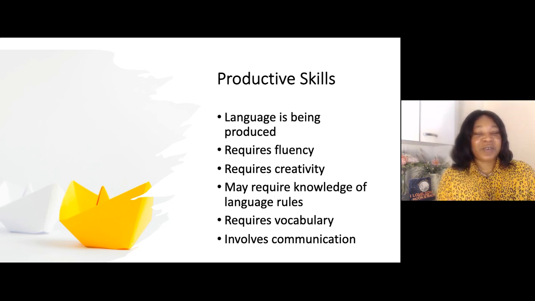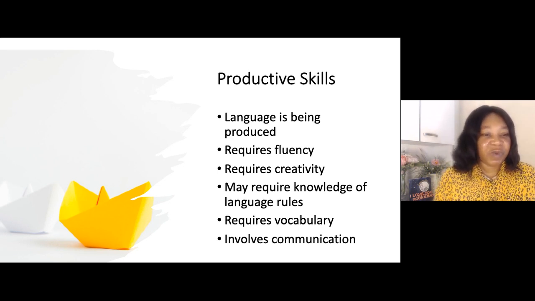So it requires creativity. Oh, your eyes are as beautiful as the stars. I need creativity. It may require the knowledge of language rules. So in grammar, we can produce language, for example, in a transformational drill. Okay, it requires vocabulary and it requires communication.